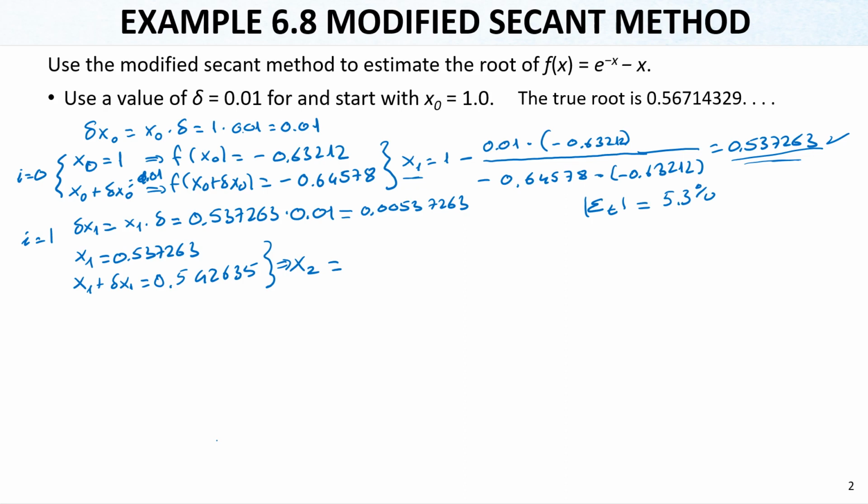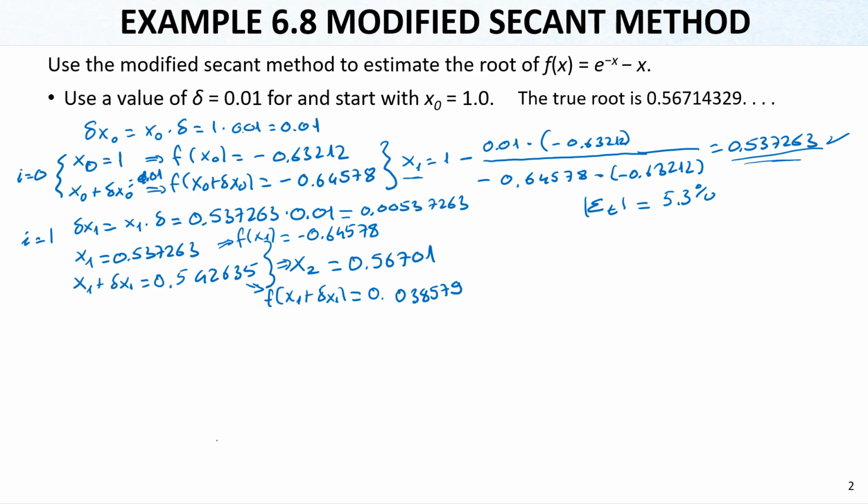x2 is basically 0.56701. Simply, we are also calculating f(x1), which is minus 0.64578. You can calculate them, and this is then x1 plus delta x1, equivalent to 0.038579.